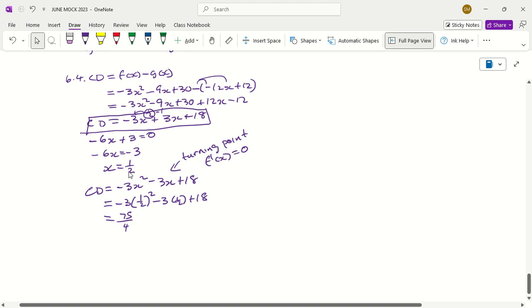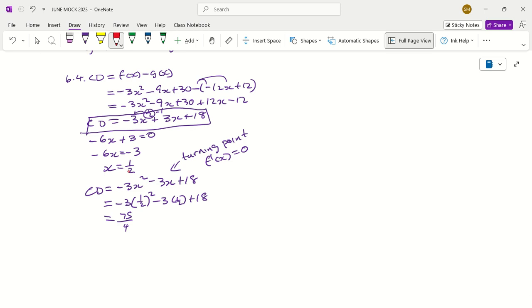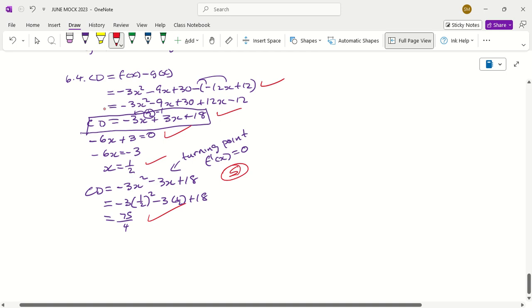You get a mark for substituting the distance formula as subtracting the y values, a mark for the standard form, a mark for whether you found the turning point or let the derivative equal 0, a mark for x is 1 over 2, and a mark for the y value, and all in all that is 5 marks. The next question that we are going to do is calculus.